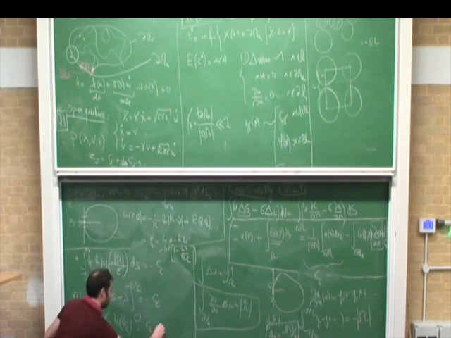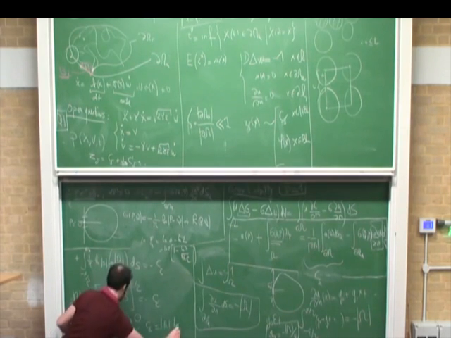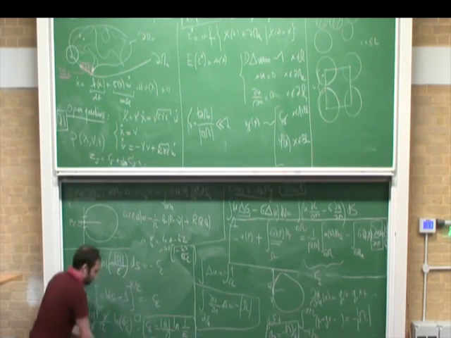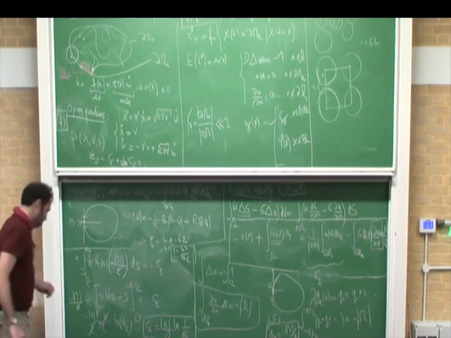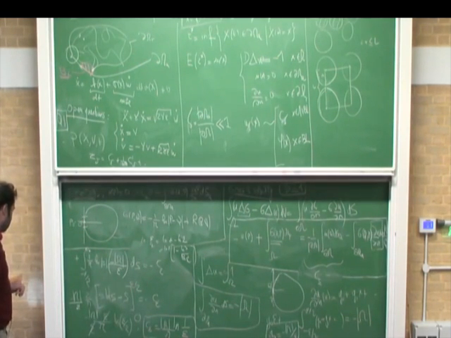So this is plus log of 1 over epsilon divided by pi. Do you agree? Yeah, it should be okay.